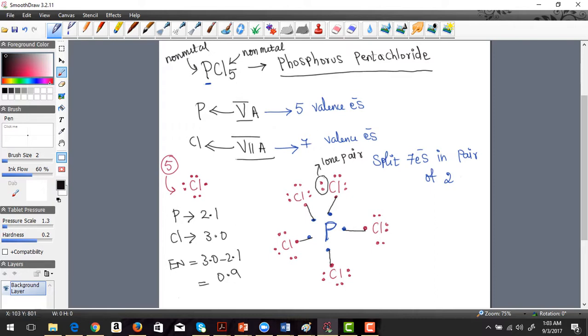The bond is polar covalent. Now this is what the electronegativity table does not tell you. It's 0.9, so the whole molecule itself is not polar covalent. It's just the bond that is polar covalent, right?